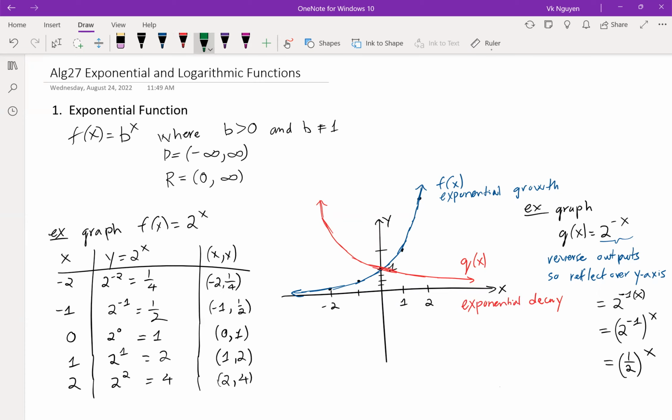One more thing, the base can be e because the base is more than 0, different from 1. So if the base equals e, then f(x) equals e to the x is the natural exponential function.